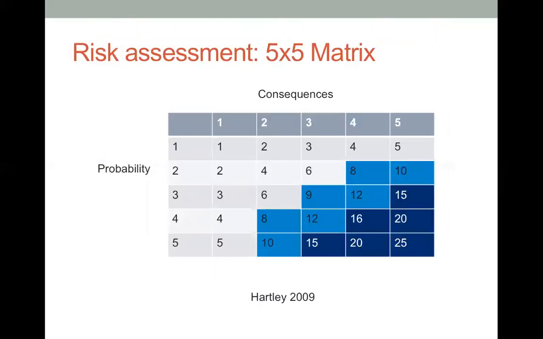Right, similar to the previous one, we can also map them using this 5x5 matrix, probability and consequence. Here we have 1 to 5 of probability, and for consequence or impact we have 1, 2, 3, 4, 5. And we multiply those 2 variables, probability and consequence, to map where the risk sits.